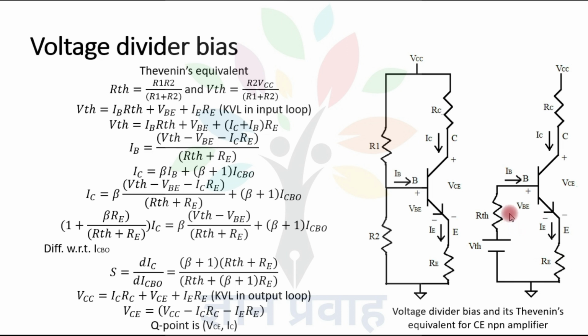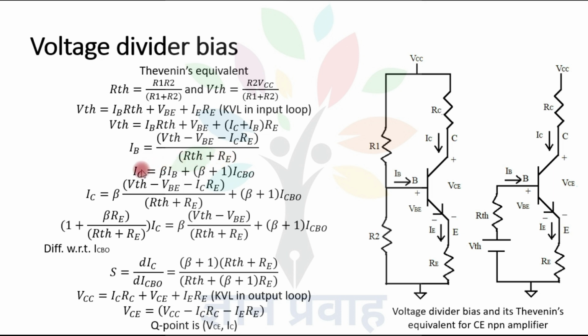Applying KVL in the input loop, VTH equals IB RTH plus VBE plus IE RE. From this expression we find the value of IB: IB equals (VTH minus VBE minus IC RE) divided by (RTH plus RE).